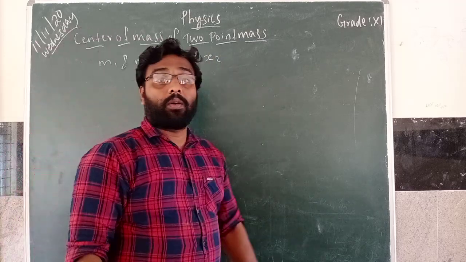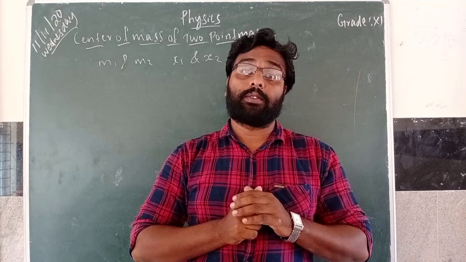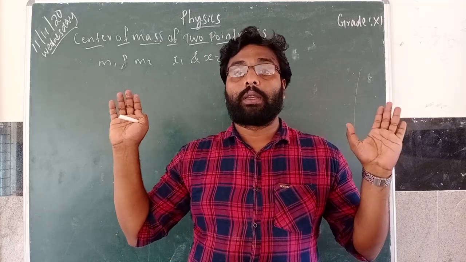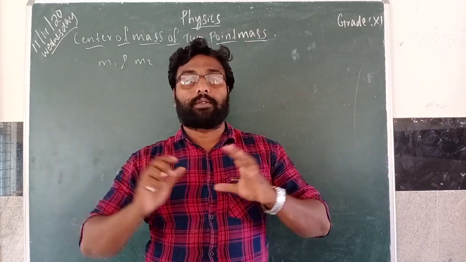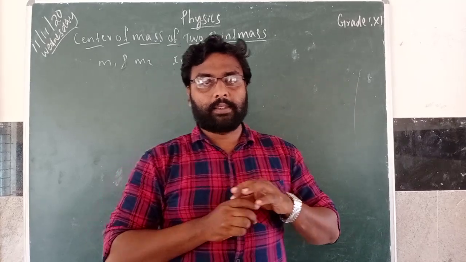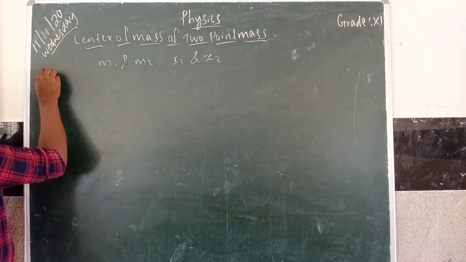Now you can find the center of mass for various cases. There are three ways you can find the center of mass when you keep these two masses at positions x1 and x2. The first way is when the masses are on the positive x-axis.